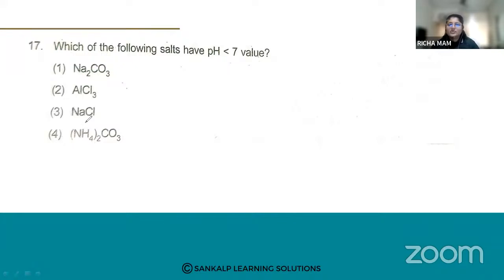Which of the following salts have a pH less than 7 value? Sodium carbonate, aluminum chloride, sodium chloride, or ammonium carbonate.